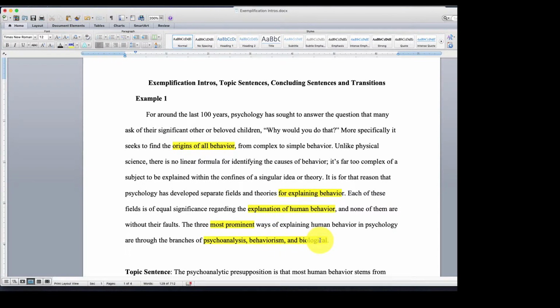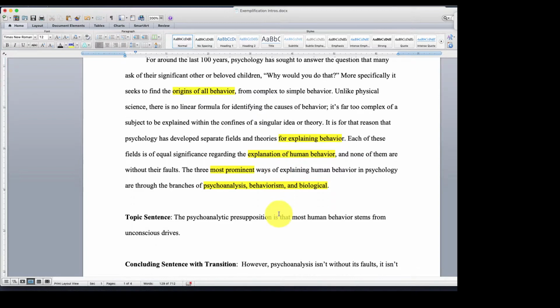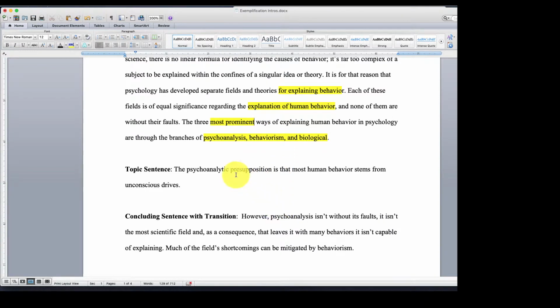So you want to concentrate in your introductions that you do something very similar. We'll look at a couple other examples in a minute, but now I want to look at paragraph structure. So when you're structuring the paragraphs, you always want to have a topic sentence. So if this were the beginning of the paper, this is the next paragraph.